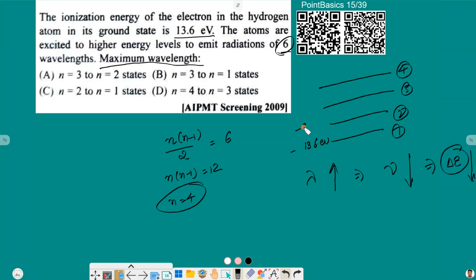For the second level it is 3.4, I think. For the third we just solved it, it was 1.51, and for the fourth I think it is 0.85. You can calculate the exact values, and you will find that the minimum energy difference will be between the highest levels, that is 4 and 3. So option D will be the right answer.